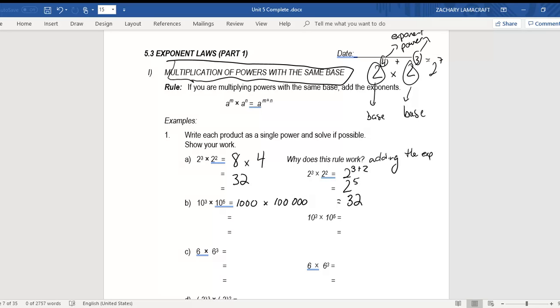And if you multiplied those two numbers, 100,000 times 1,000, you're going to come out with 100 million. Now, for something like this, it's a lot easier if I just saw 10 to the power of 3 times 10 to the power of 5. All I would do is add the 3 and the 5, so it'd be 10 to the 8. And if I plug that in my calculator, I would end up with the exact same answer.